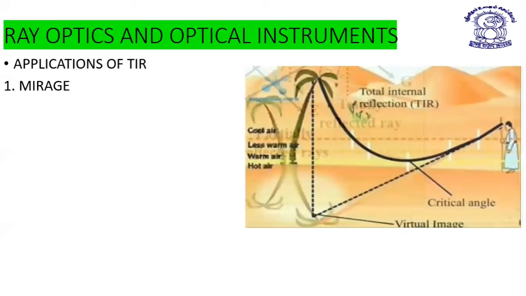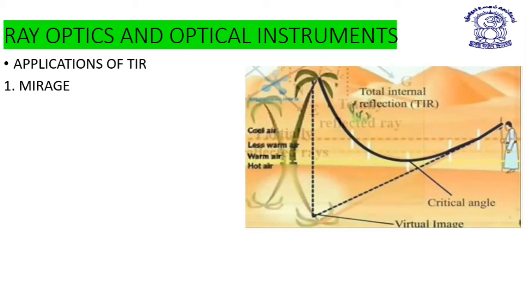Now let us see the applications of total internal reflection. The first application of TIR is mirage, the formation of mirage.